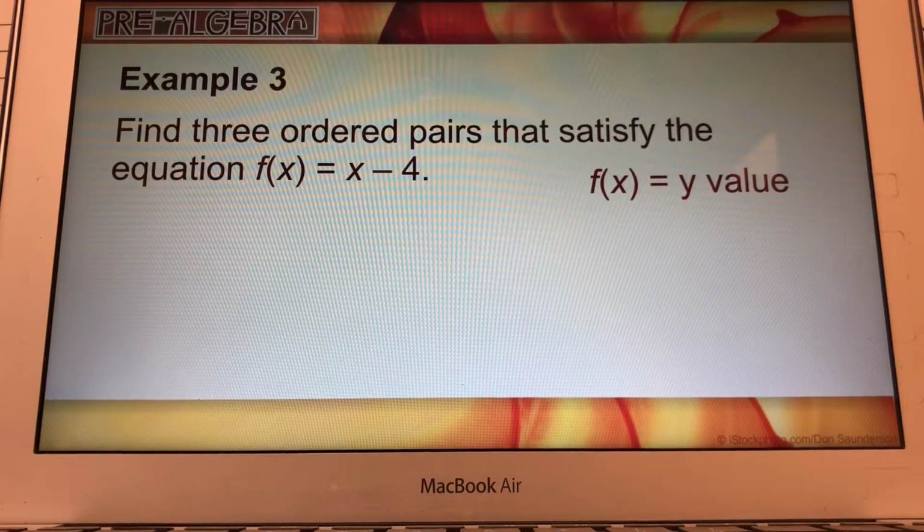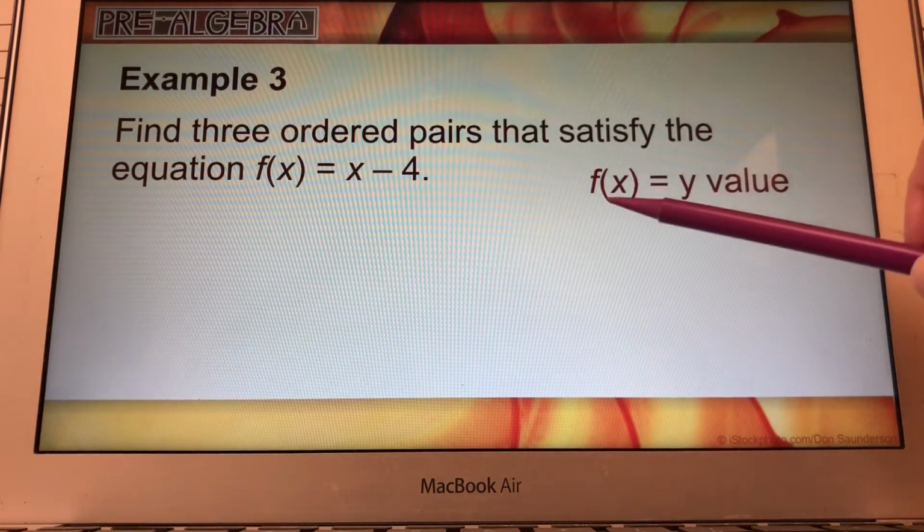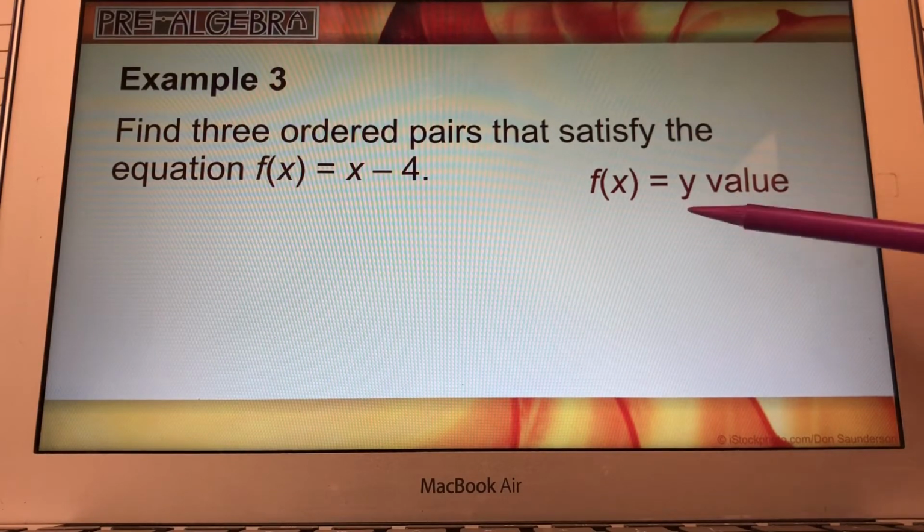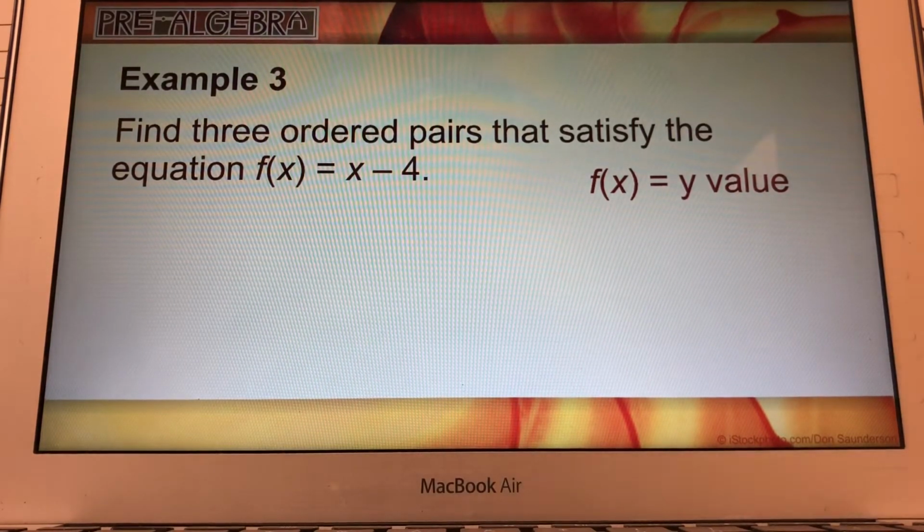Okay, now it says find 3 ordered pairs that satisfy the equation f of x is equal to x minus 4. First of all, I just wanted to put a side note right here, okay? f of x means y, the y value, okay? So f of x is the same thing as saying y. You might be asking, why do we say that then?